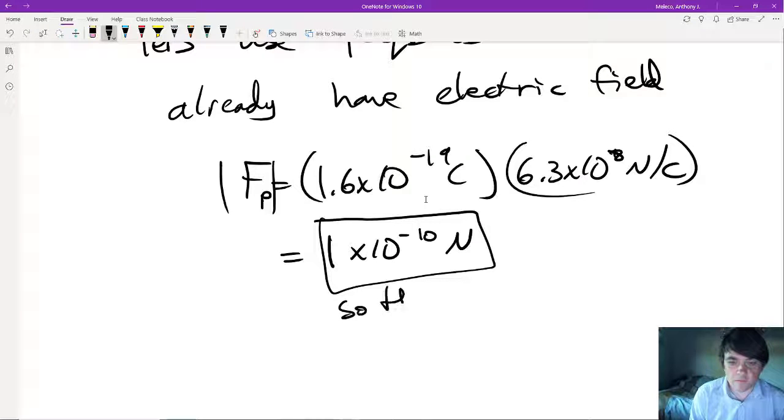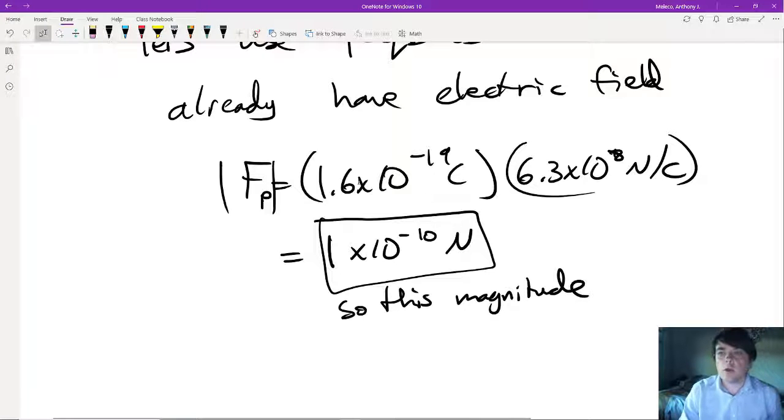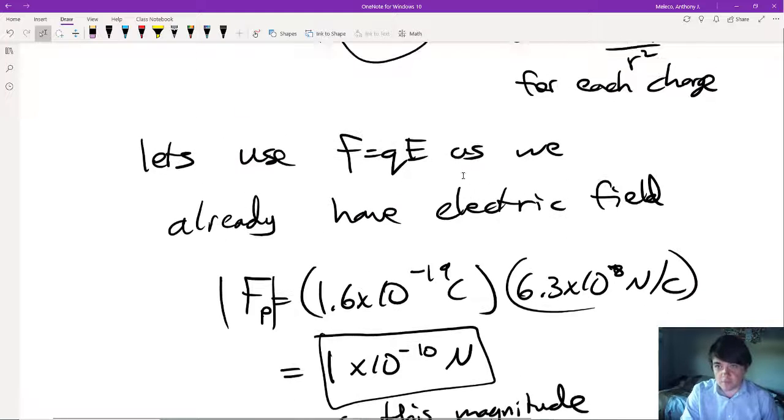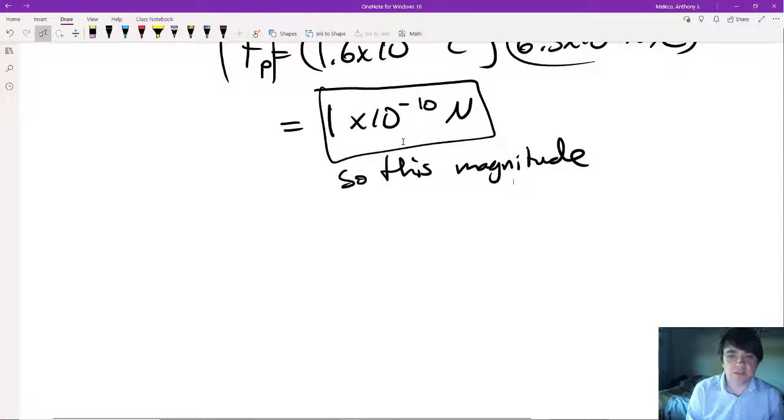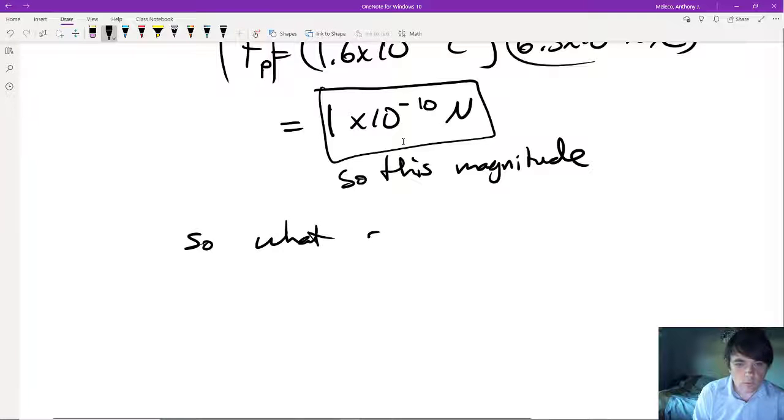So this is the magnitude. Now, if we were to plug in the signs, we'd have negative and negative, which would yield positive. So here's what the signs mean.